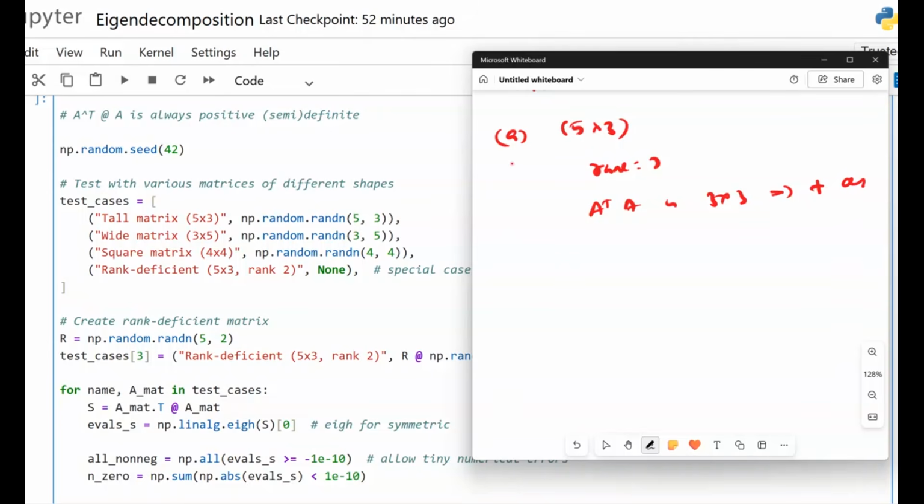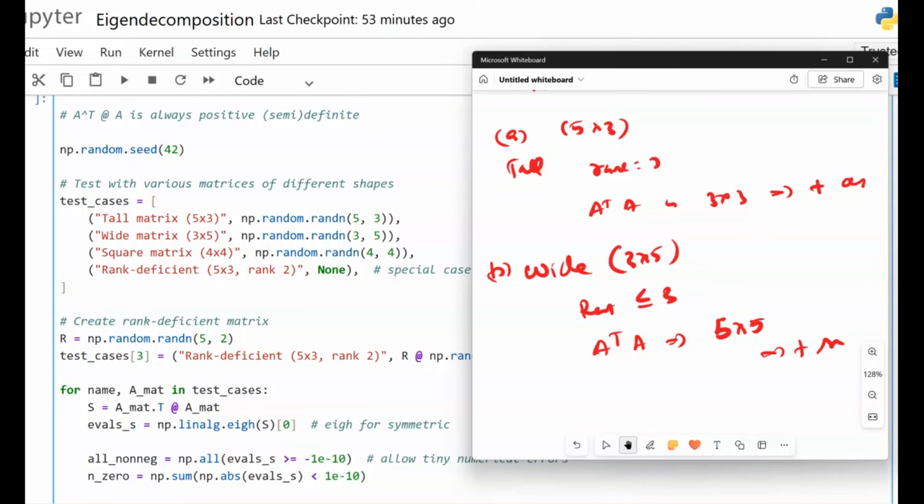And when going for case B, actually it is a wide matrix of 3 by 5. And kindly just observe, the rank would be less than or equal to 3. And for A transpose A, it would be a 5 by 5 matrix, and surely it has at least 2 zero eigenvalues. So it would be positive semi-definite.